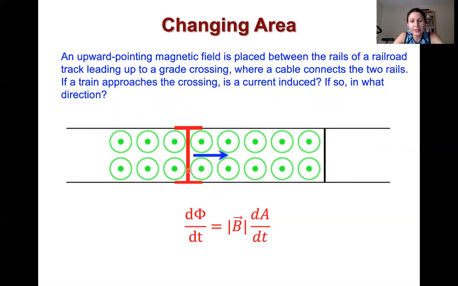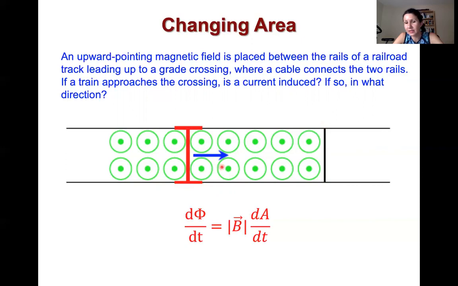All right, so this is our area. As the train moves, the area changes. If the area changes, so does the flux, because let's say we start with 10 magnetic field lines coming out in this toy model.